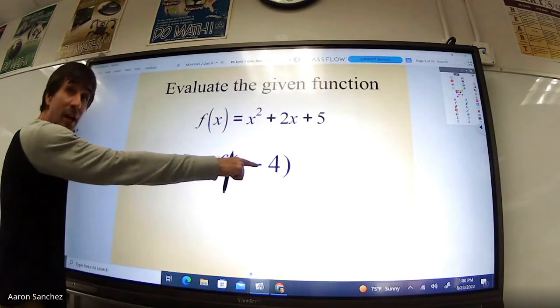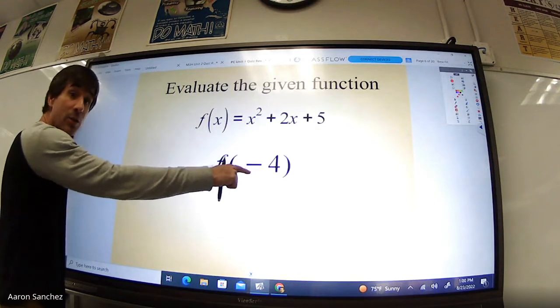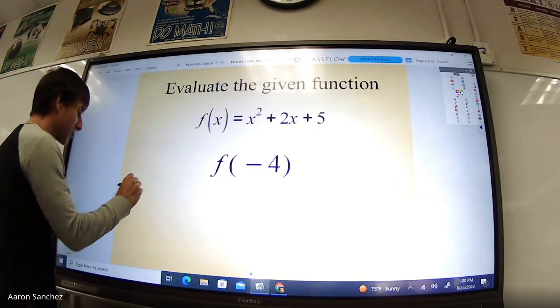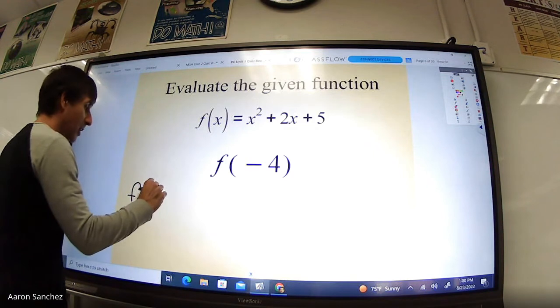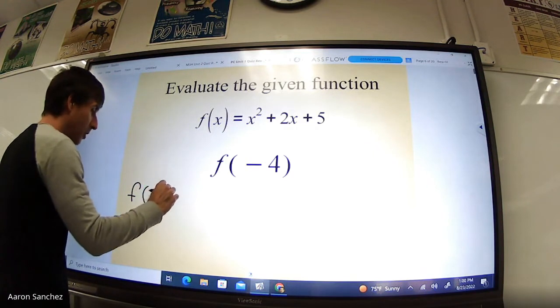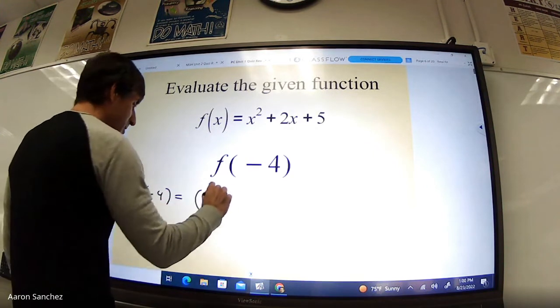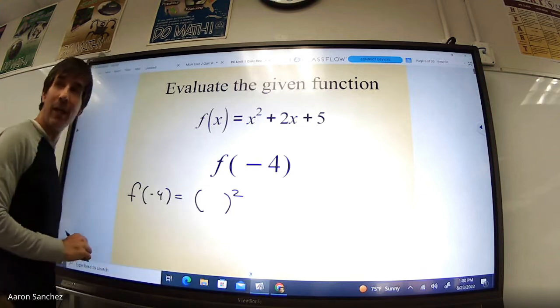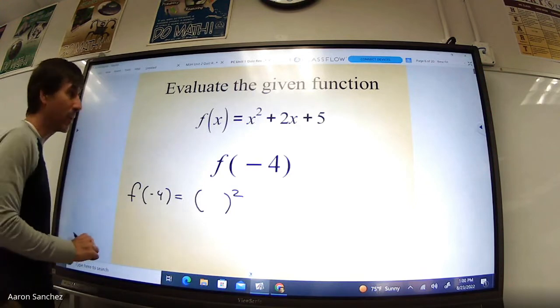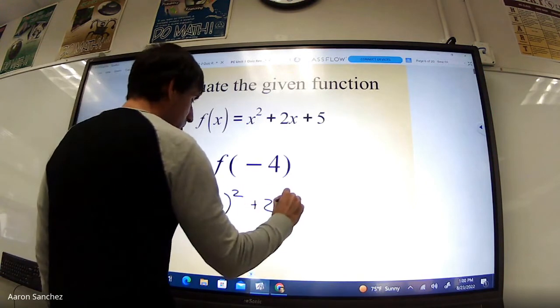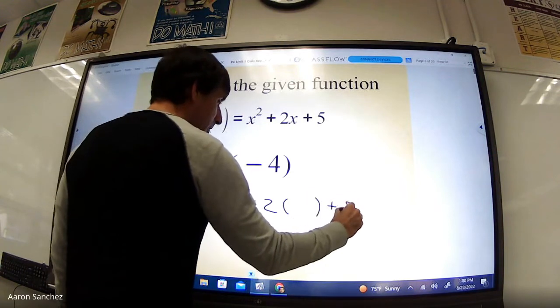So this is the x, right? It says to replace the x, so I'm going to rewrite everything. f of negative 4 equals, and I write it like this. Instead of an x, I put a blank: parentheses, blank squared plus 2 times blank plus 5.